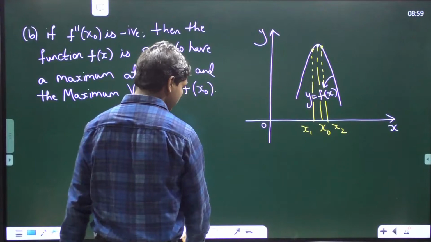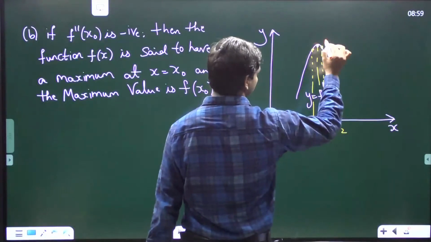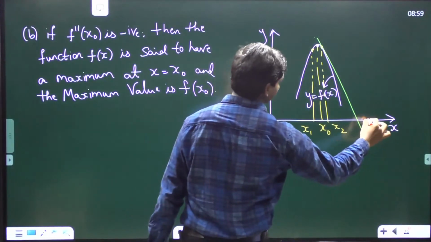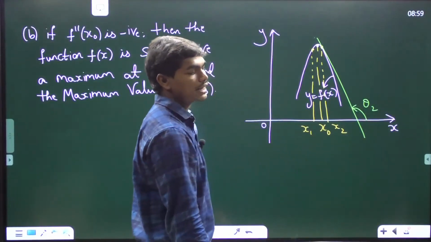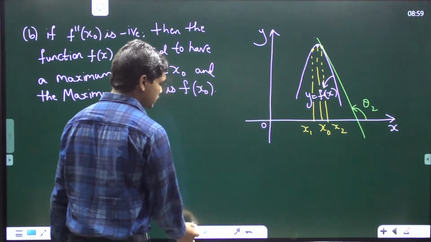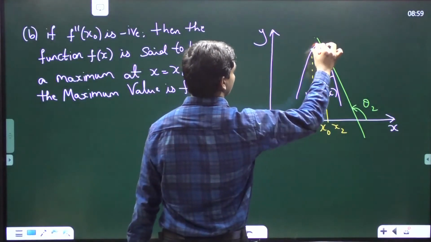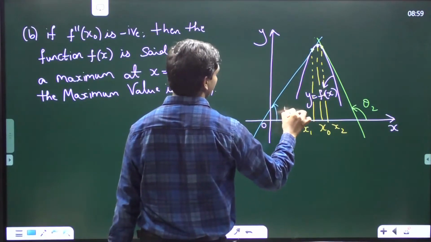Okay, now if you draw the tangents over there, the tangent at this point x2 would look something like this, where this is theta 2, because this is the angle made by the tangent at point 2. Similarly, if you consider tangent at point 1, and if you draw this, that would look something like this. This is theta 1.